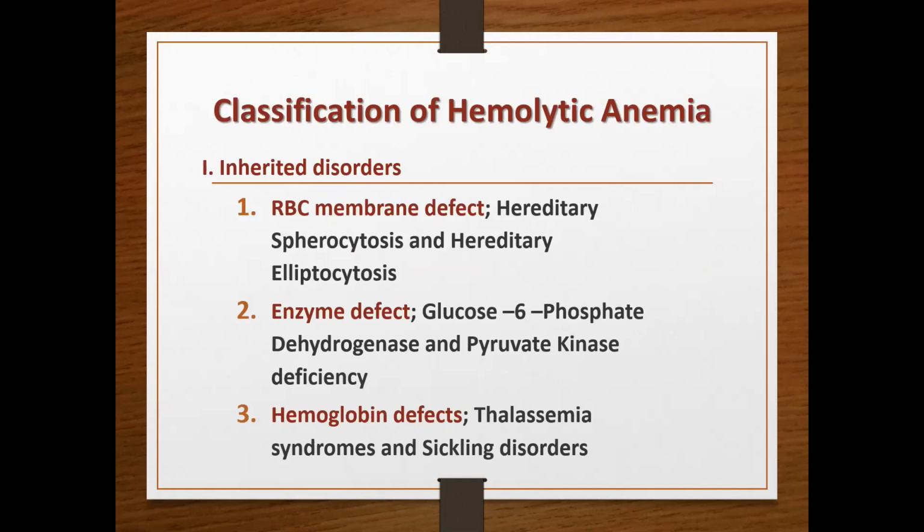Classification of hemolytic anemia. First, we have inherited disorders like RBC membrane defect in hereditary spherocytosis and hereditary elliptocytosis, enzyme defect in G6PD deficiency and pyruvate kinase deficiency, or hemoglobin defect in thalassemia syndrome and sickling disorders.